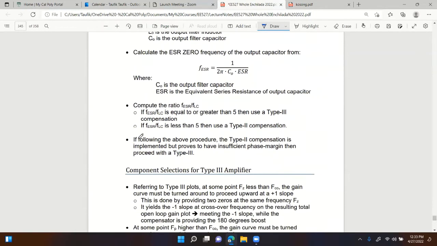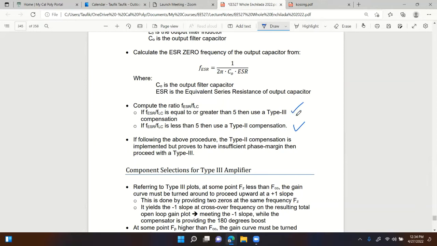And then you compare the two, the ratio, that's what you're getting. If the ratio of ESR frequency to corner frequency of the filter is equal to or greater than 5, then use type 3. If it's less than 5, then use type 2. But this is a rule of thumb, right?